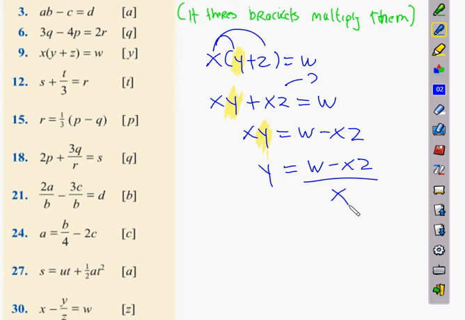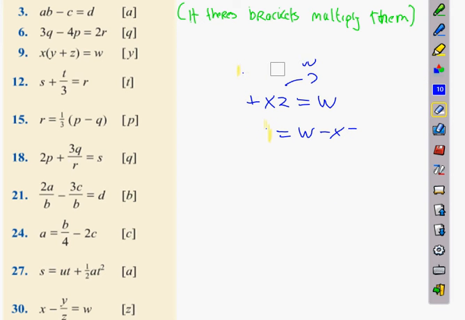Okay. Now, let me show you another version of that. The next version of that question would be, anybody see question 15? In question 15, we're looking to get P on its own.